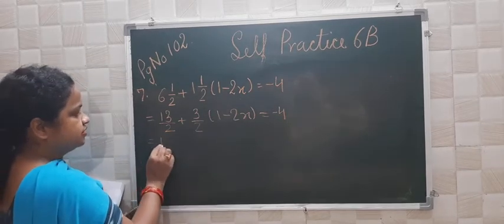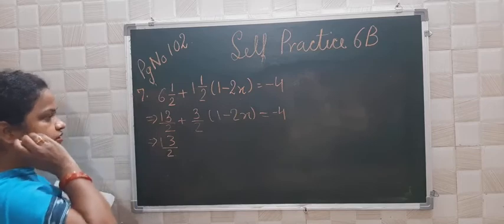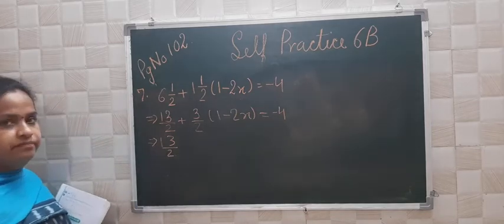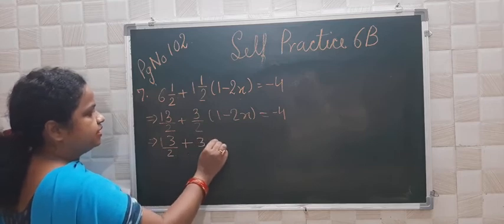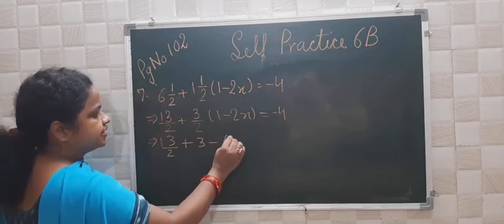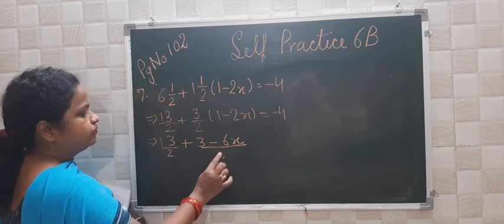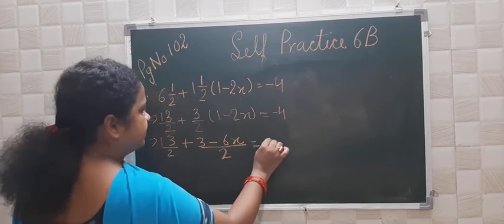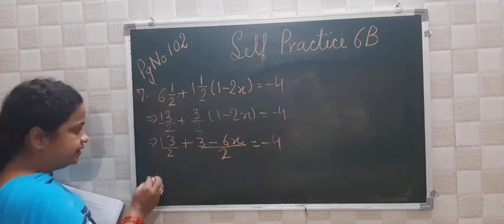Now see here, 13 by 2. Now you should open this bracket. Plus 3 minus 3 2s are 6x upon 2 is equal to minus 4. Now I will multiply this 2 on the right hand side.